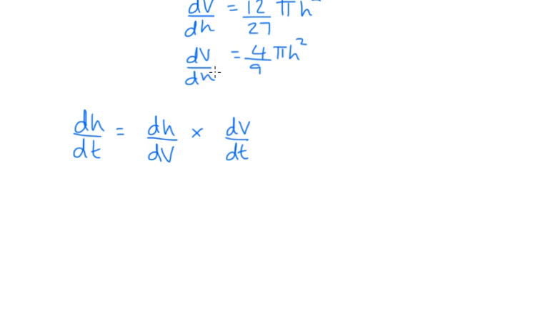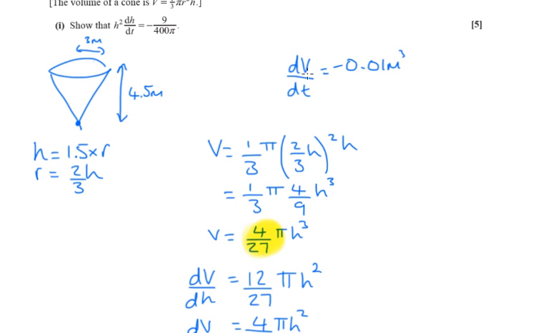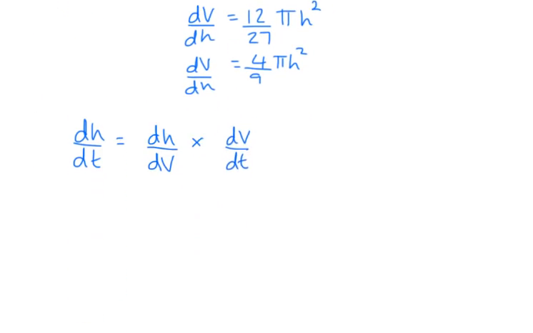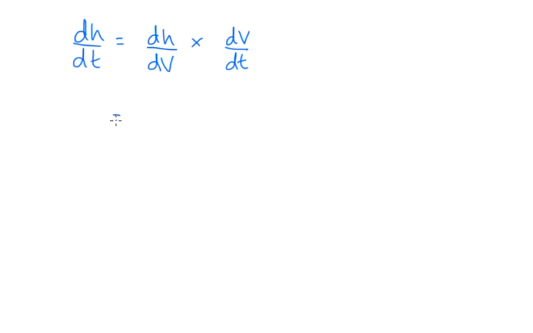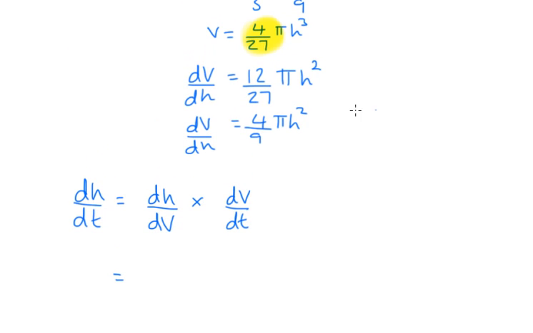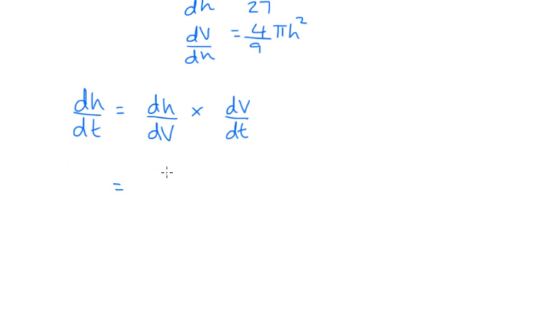We've got dV by dh, so dh by dV will just be the reciprocal of this. And we've got dV by dt that we wrote right up at the top there. So the reciprocal of this is going to be 9 over 4 pi h squared, and dV by dt was negative 0.01.